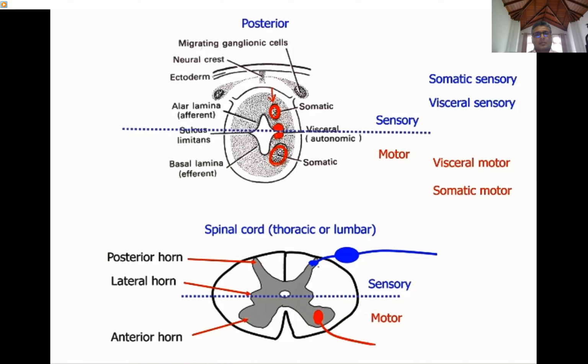This is the posterior horn of the grey matter. So these are the anterior horn cells here. This is the visceral sensory nerve, having the sensory cell bodies immediately behind the line we divided the spinal cord into anterior and posterior halves, and this is the visceral motor cell bodies.